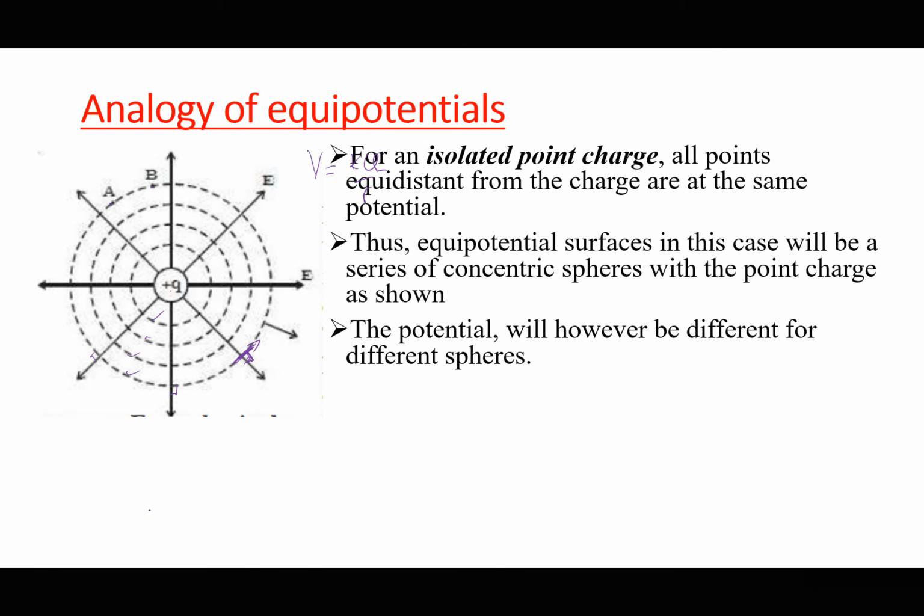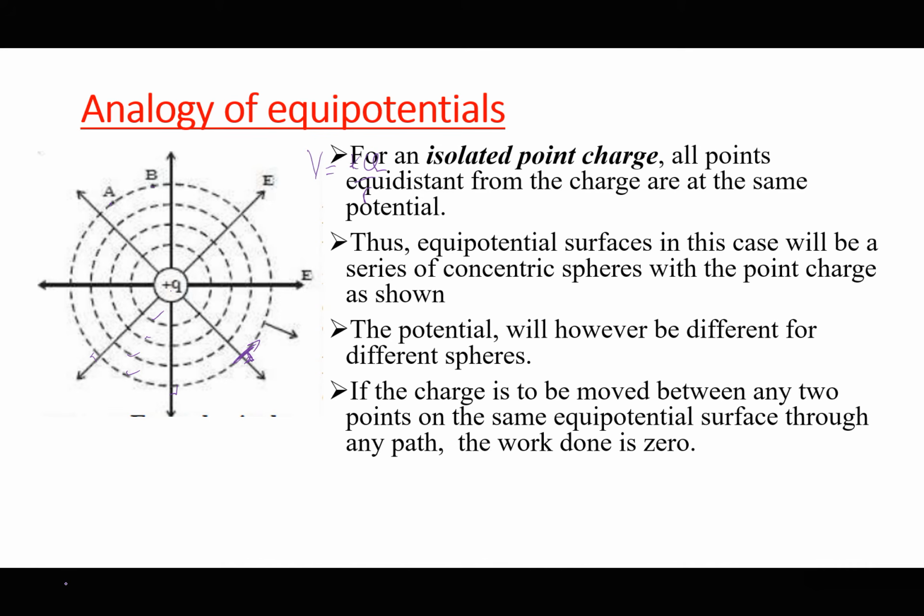The potential will, however, be different if we have different spheres. It will always be different. If the charge is to be moved from any 2 points on the same equipotential surface through any path, the work done is always zero.